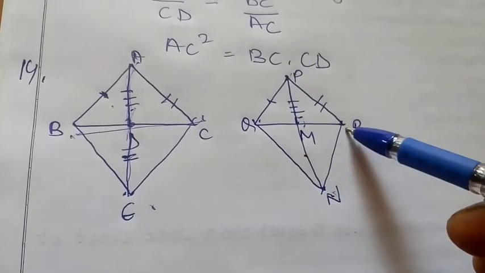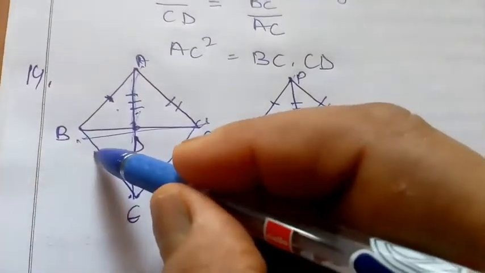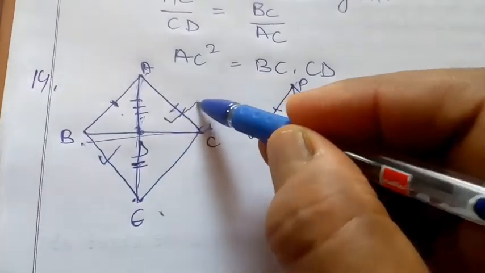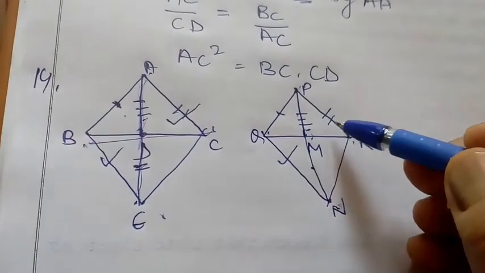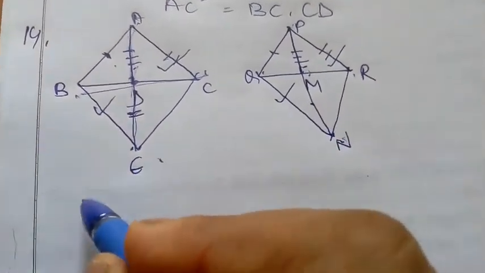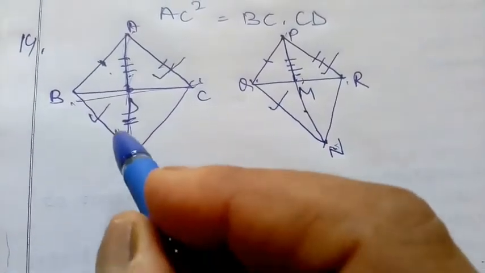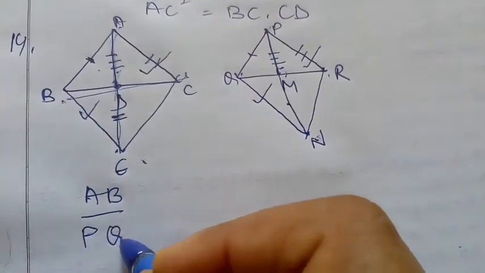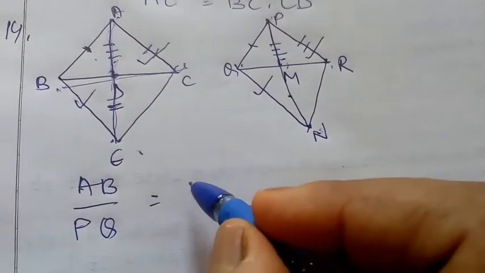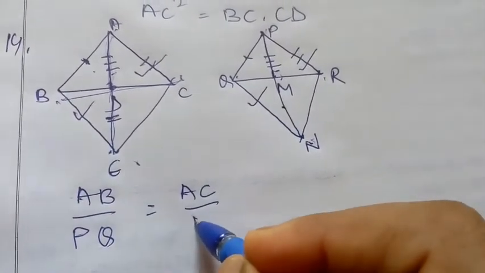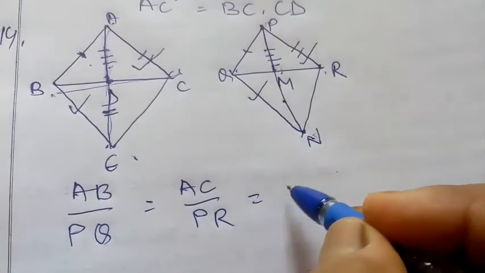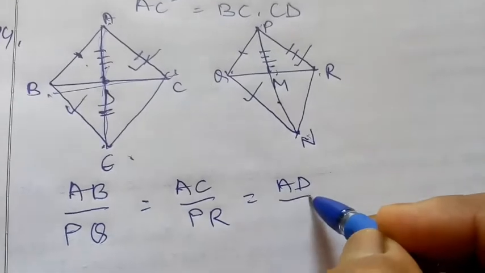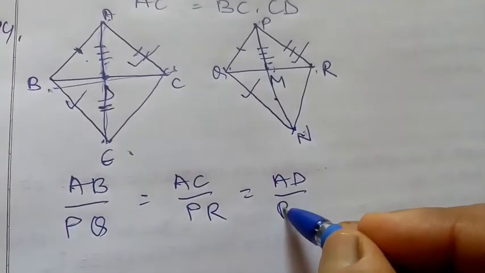Similarly, PQNR is a parallelogram. Since they are parallelograms, BE equals AC and QN equals PR. Clear? Next, AB upon PQ equals AC upon PR equals AD upon PM.